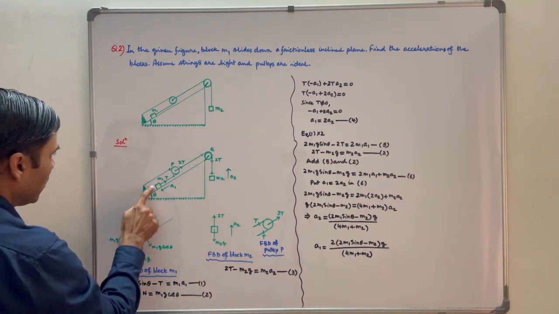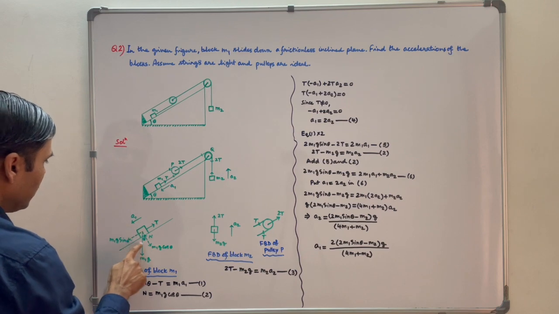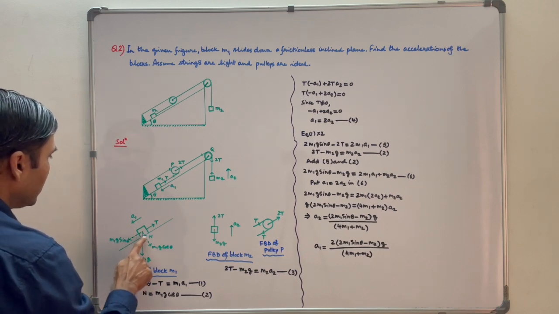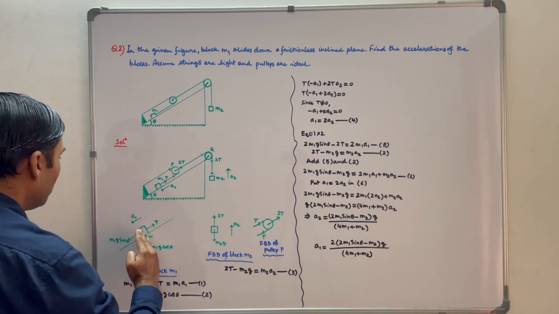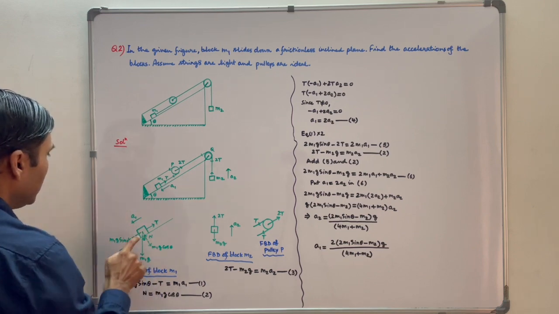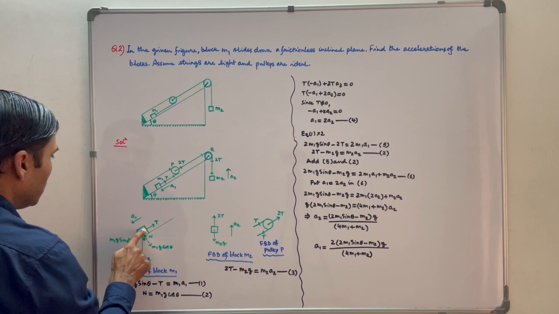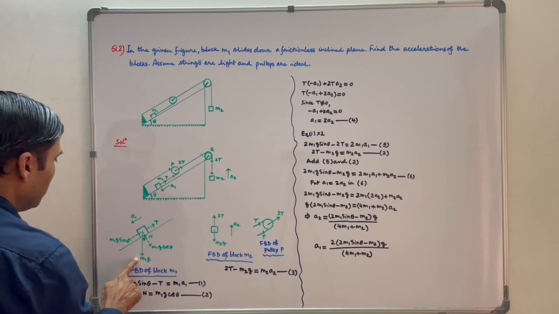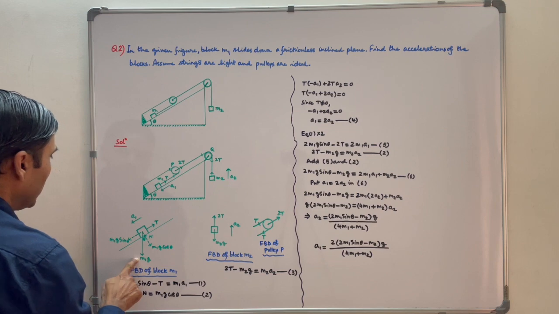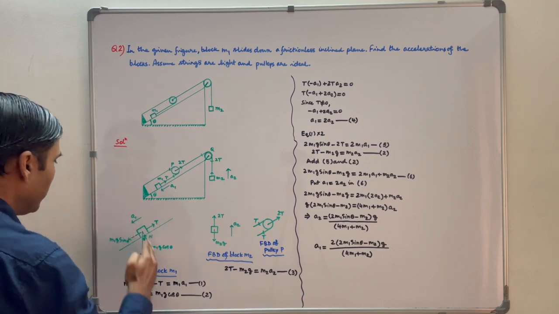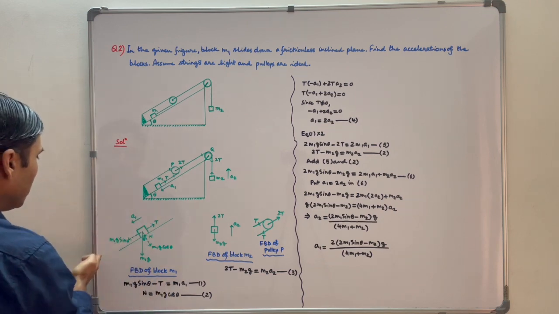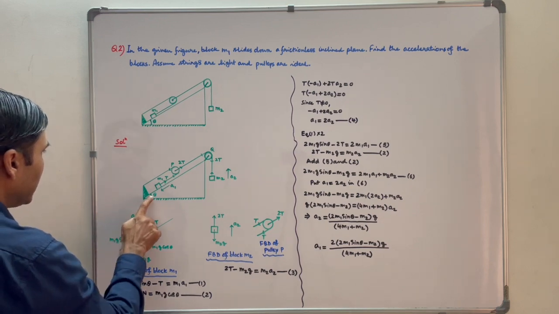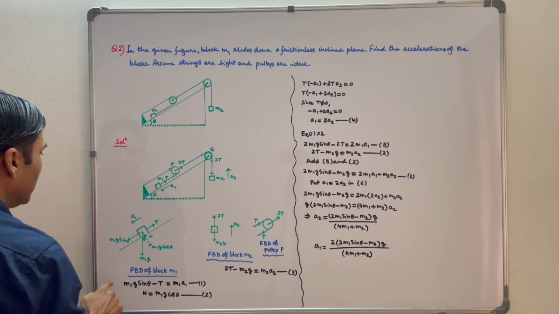This is a BD of block M1. Its weight M1g works vertically downwards. Normal reaction by this plane works perpendicular to the plane. T is the tension that works on it due to this string. We will resolve its weight into two components, one along the plane, another perpendicular to the plane. Along the plane component will be M1g sine theta, where theta is angle of inclination of this plane.